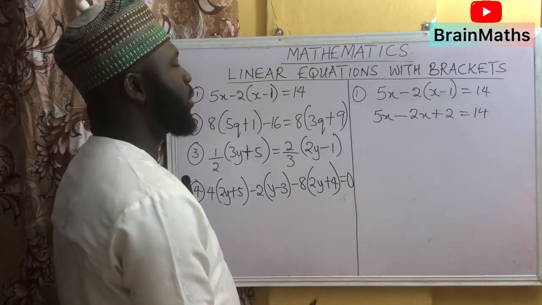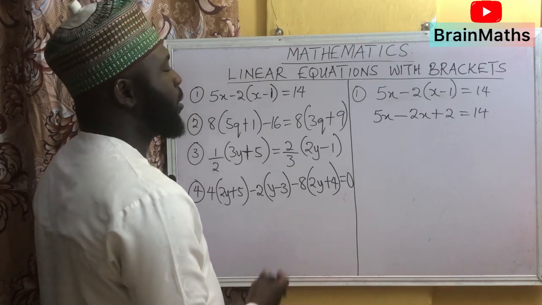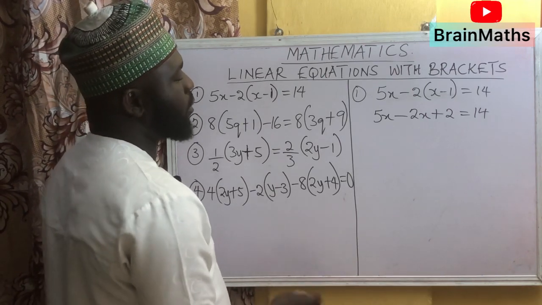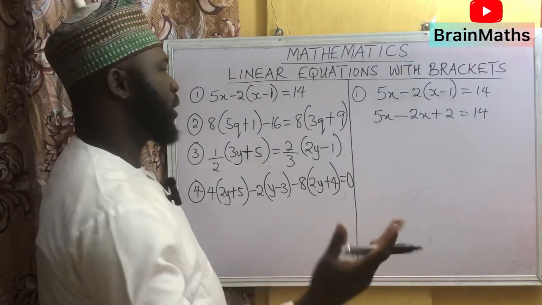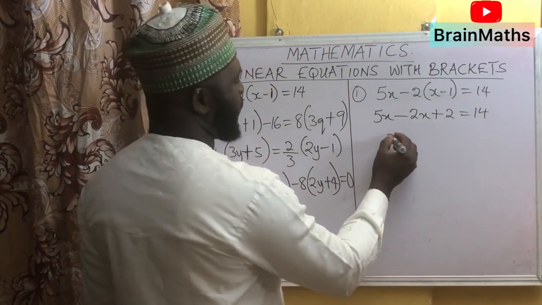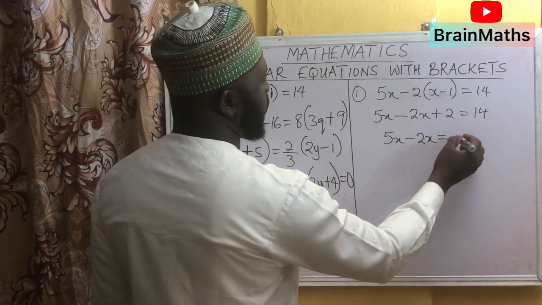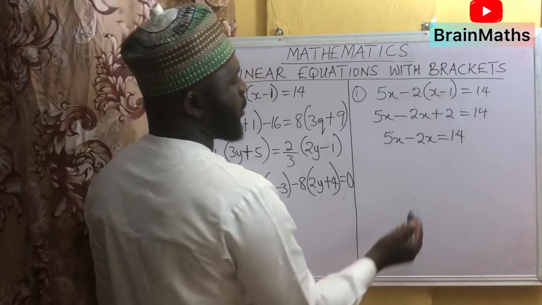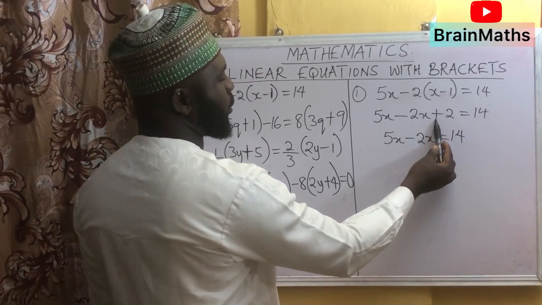So the next thing we are going to do now is to collect the like terms together, leave the one with x on one side and the one without x on the other side. So we say 5x minus 2x equals 14. This 2 is having a positive sign in front of it.